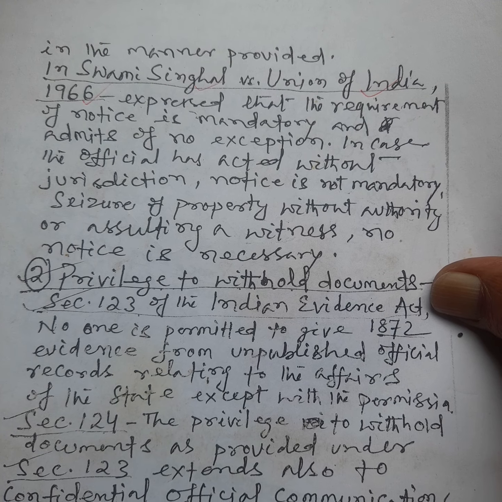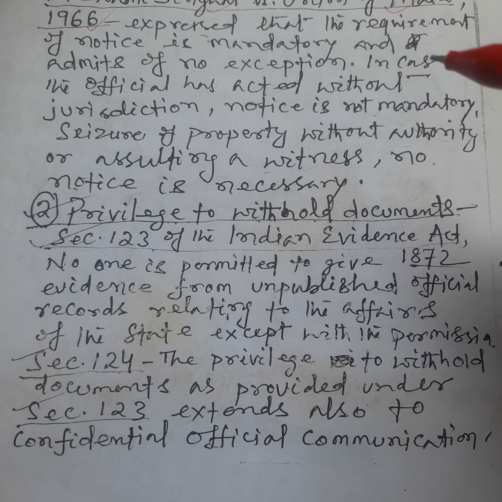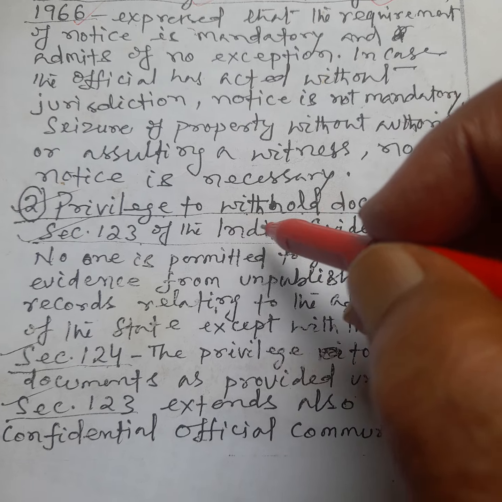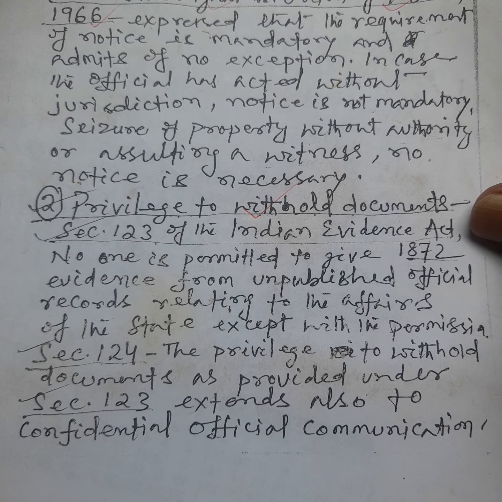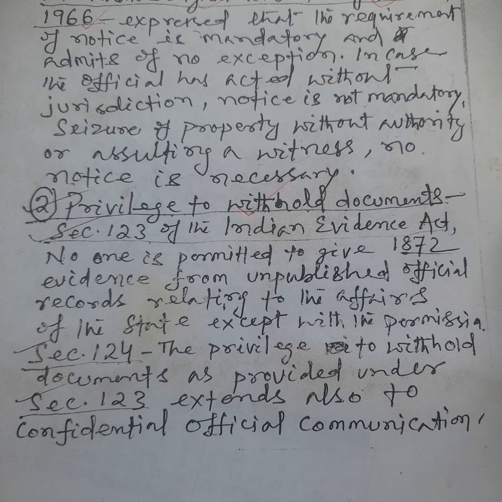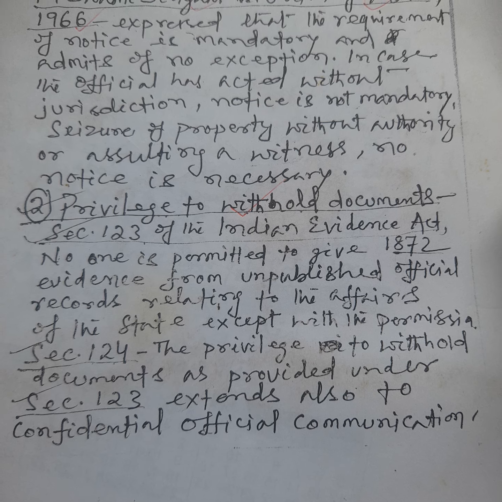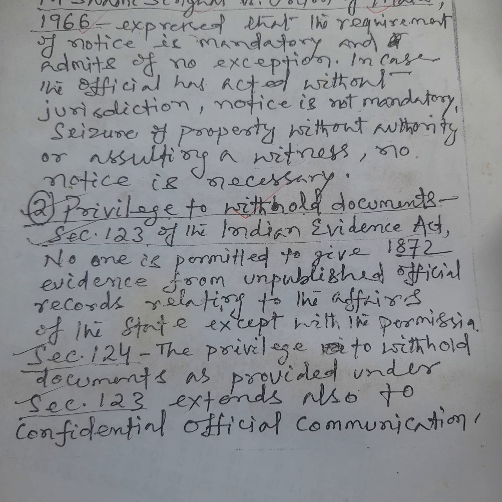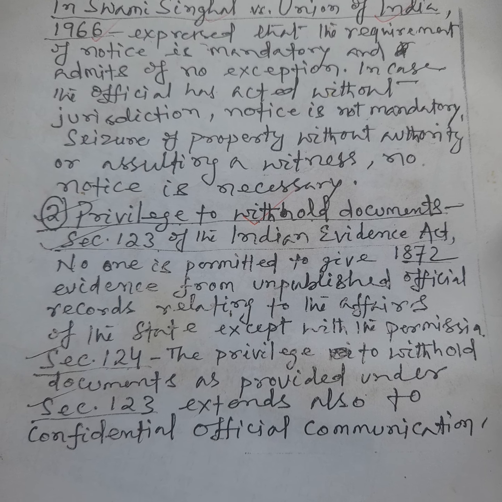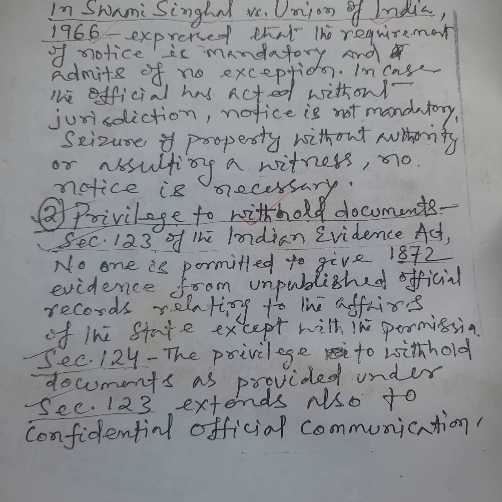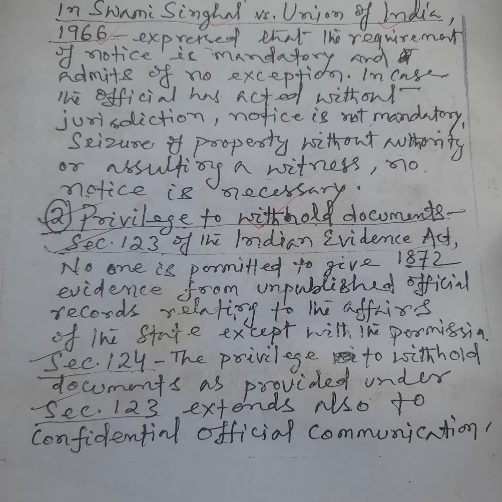No notice is necessary. So the second principle that is found is the privilege to withhold documents under Section 123 of the Indian Evidence Act 1872: no one is permitted to give evidence from unpublished official records relating to the affairs of the state except with the permission.